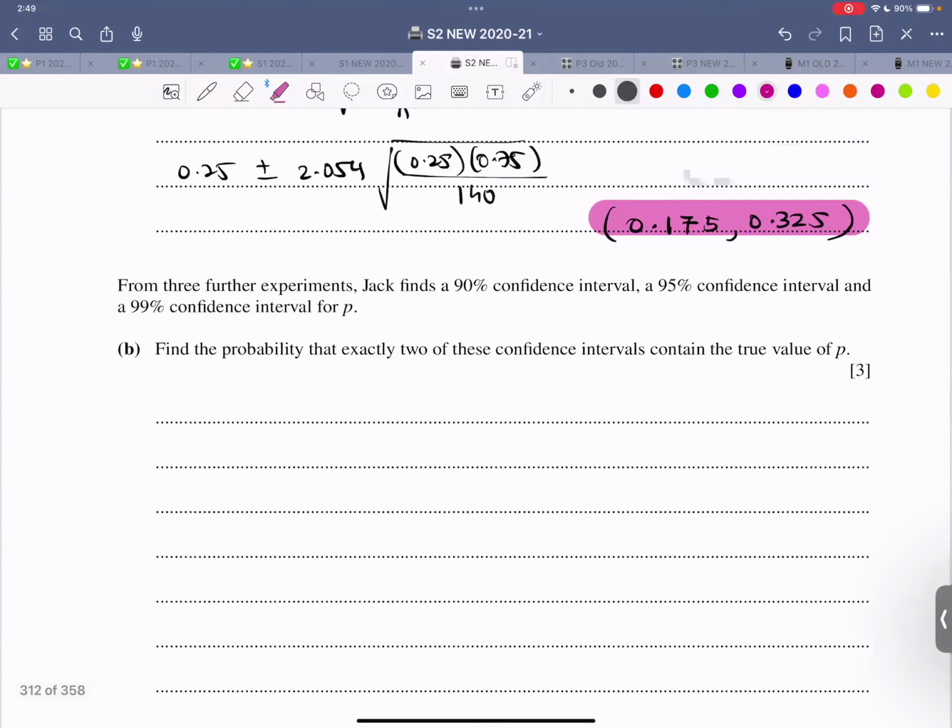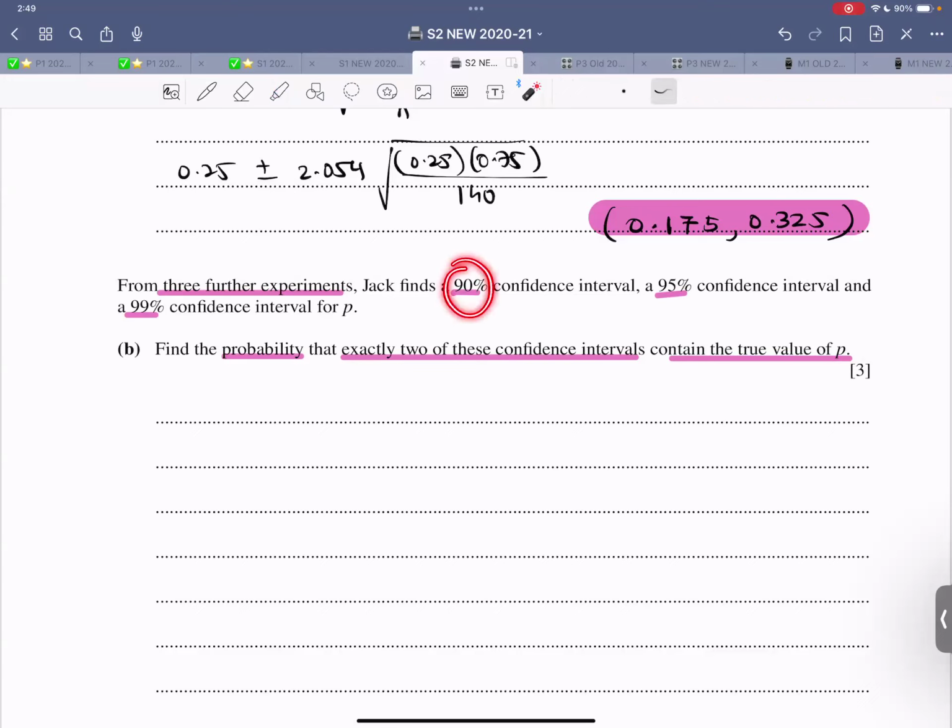The next one is kind of basic probability knowledge. It says from 3 further experiments, Jack finds a 90% confidence interval, a 95% confidence interval, and a 99% confidence interval. Find the probability that exactly 2 of these confidence intervals contain the true value of the proportion.